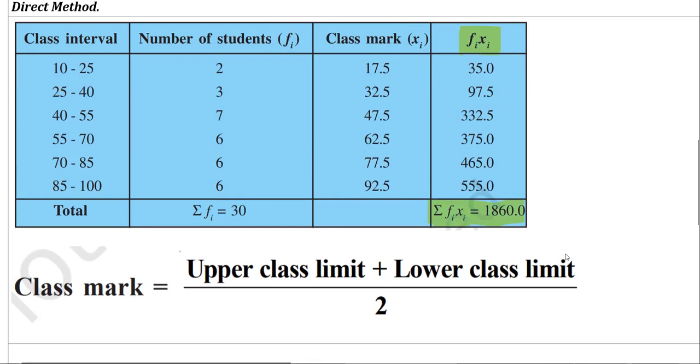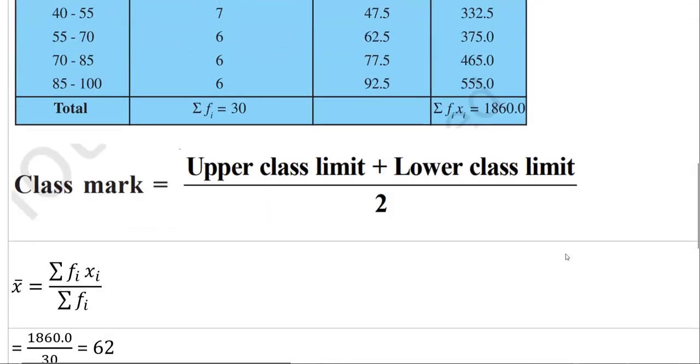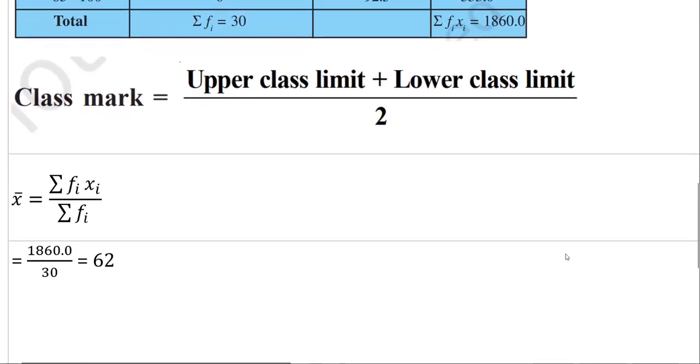Once we are done with this, we'll apply the formula to find the mean. The formula for mean, as you can see, I've written here. The formula for finding the mean is sigma fi xi divided by sigma fi, where x bar is the symbol for the mean. So look at these values.